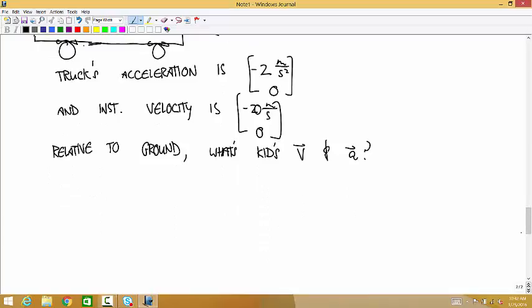Okay, so for velocity, the velocity of the kid relative to the ground is equal to the velocity of the kid relative to the truck plus the velocity of the truck relative to the ground. We know that works because of the fraction multiplication thing.